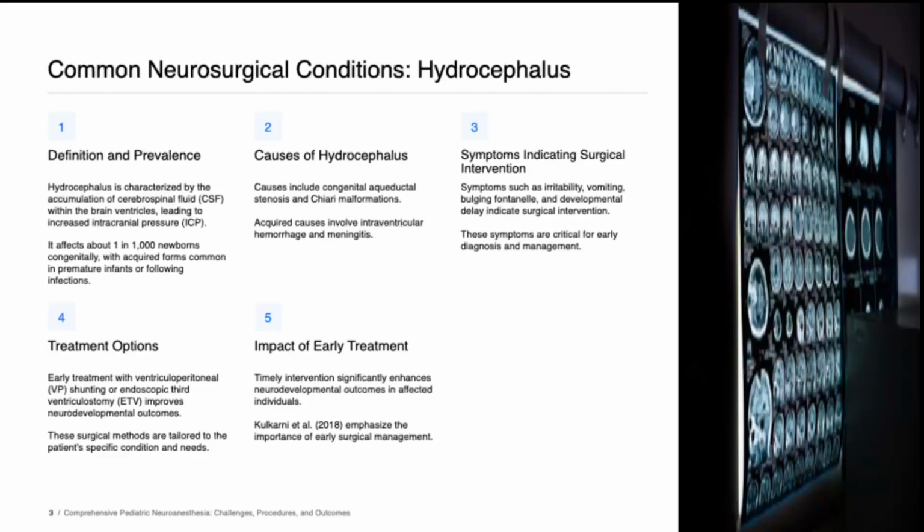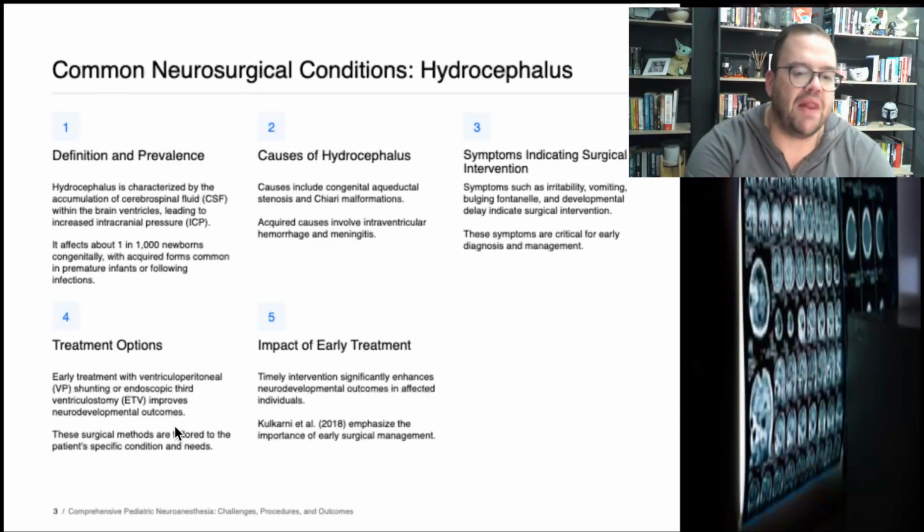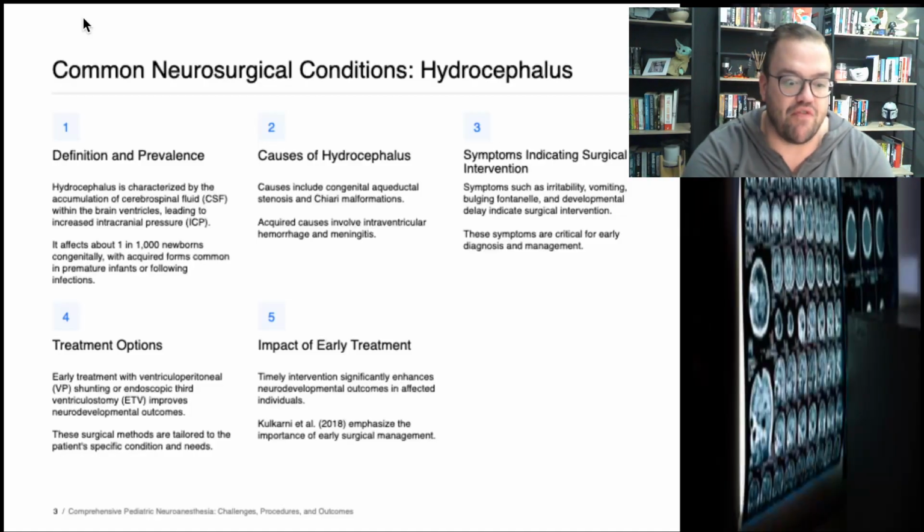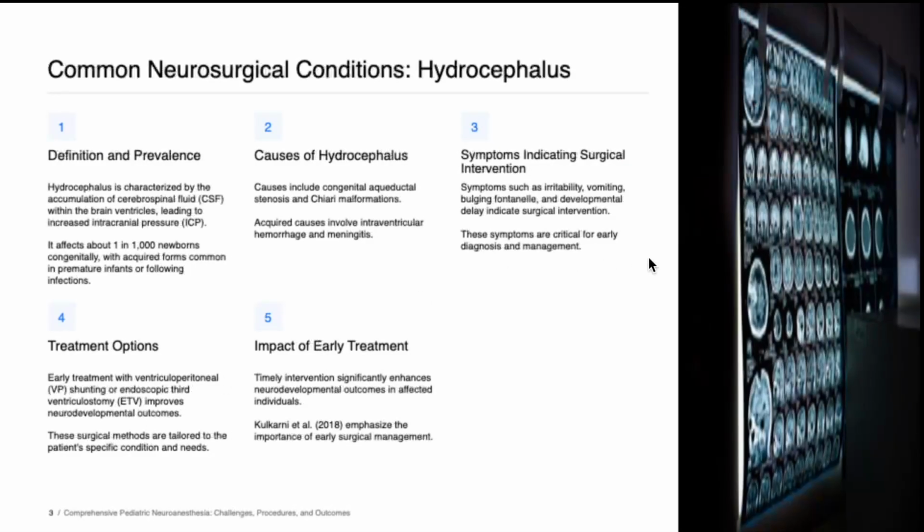And remember, the critical thing with hydrocephalus and with the placement of a VP shunt or an endoscopic third ventriculostomy is that early intervention is key, because without it, you get loss of brain tissue, a buildup of raised intracranial pressure, and you end up having profoundly poor neurological outcomes, unfortunately, for these children.